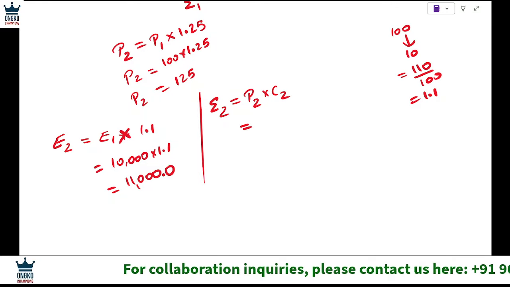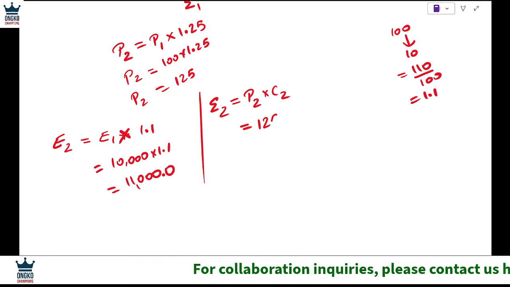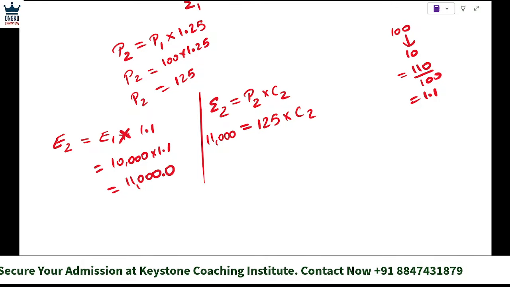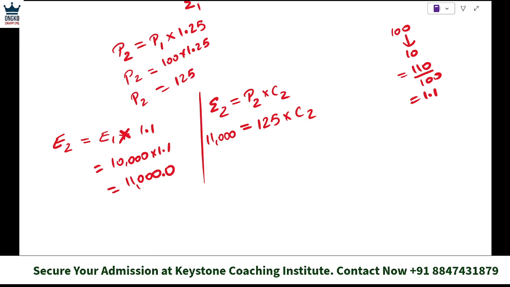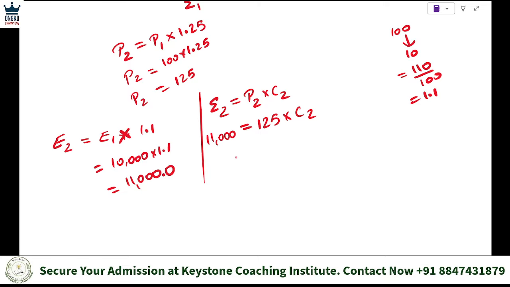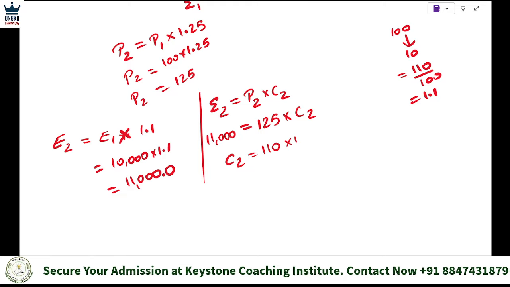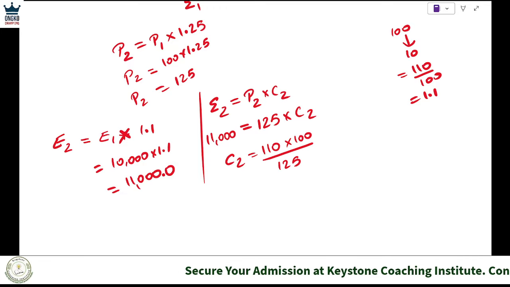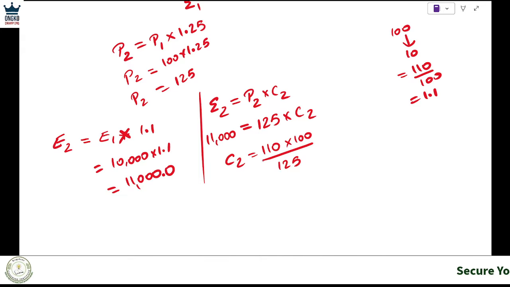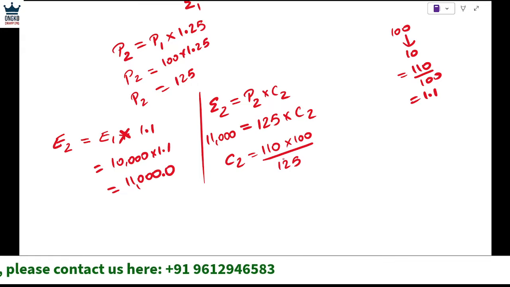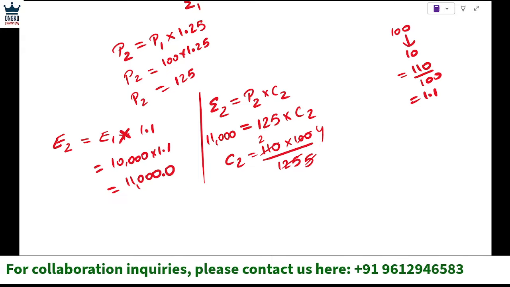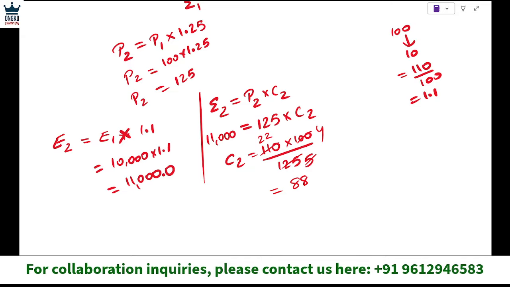The price of the second one is 125 rupees and expenditure 2 is 11,000, so C2 is 11,000 divided by 125. To simplify, 11,000 by 125: 25 times 5, 4 times 5, 2 times 10. So this will give us consumption of 88.